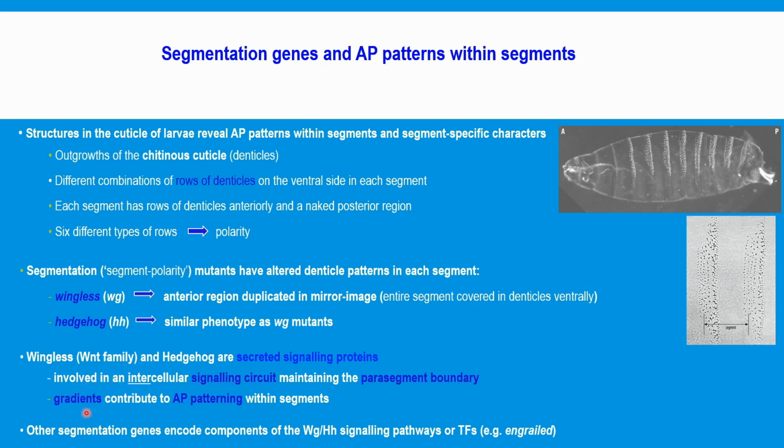And they form gradients that contribute to this anterior-posterior patterning within the segment. And the other segmentation genes picked out in screens encode components of the wingless or the hedgehog signaling pathways, or transcription factors such as engrailed.